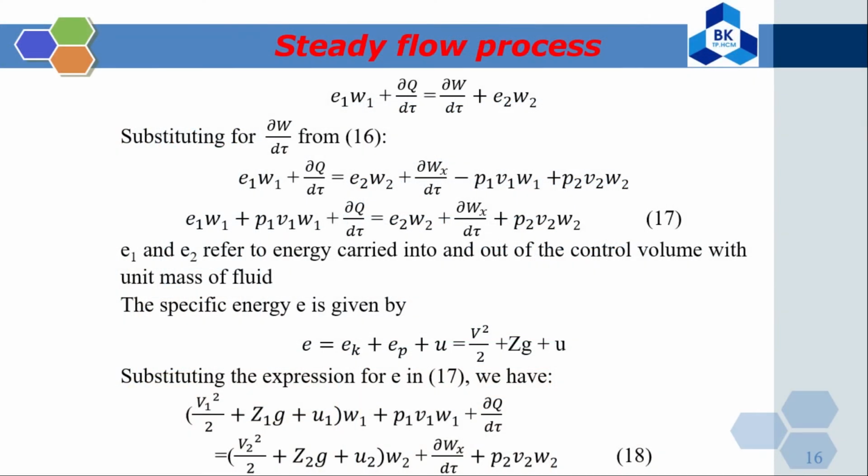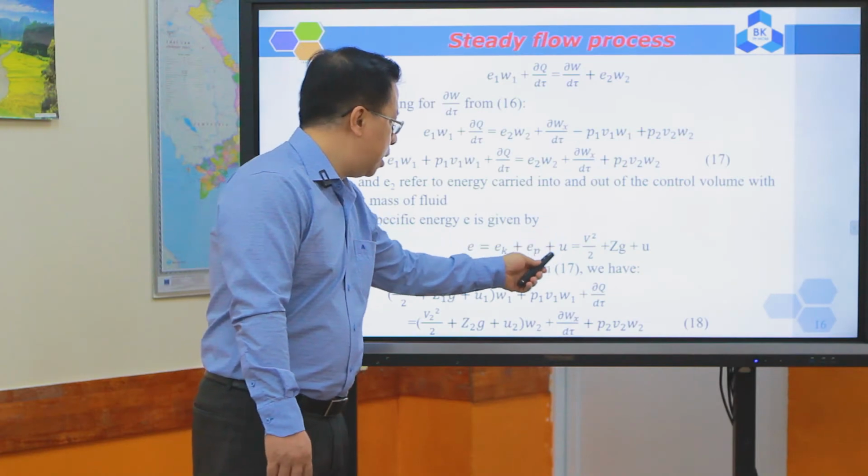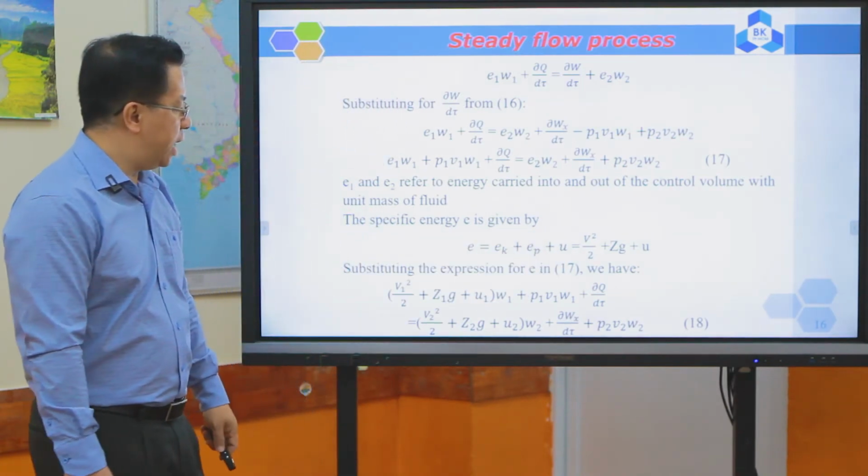E1 and E2 refer to energy carried into and out of the control volume with a unit mass of the fluid. The specific energy E is given by the kinetic energy, potential energy, and the internal energy.